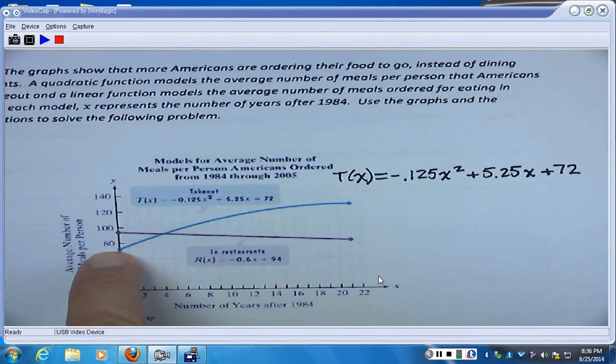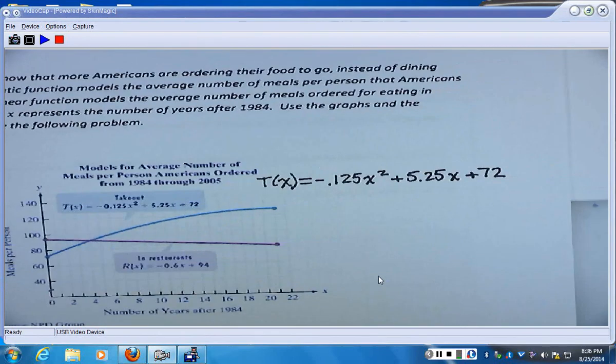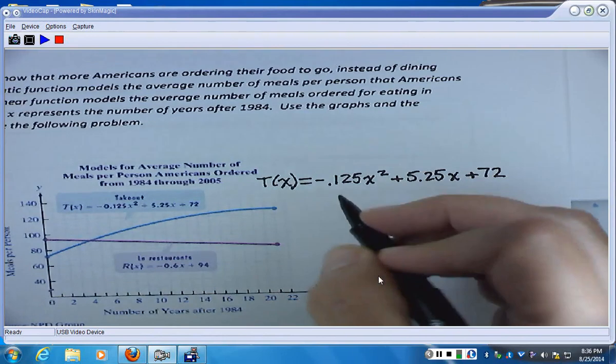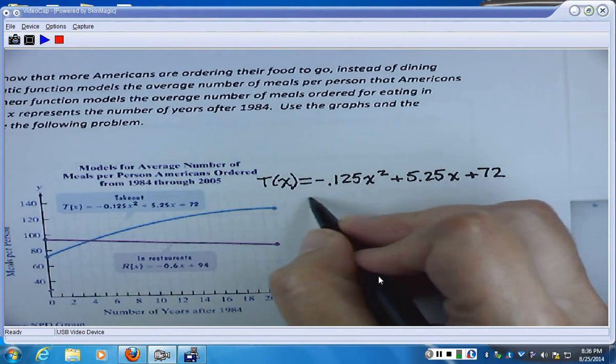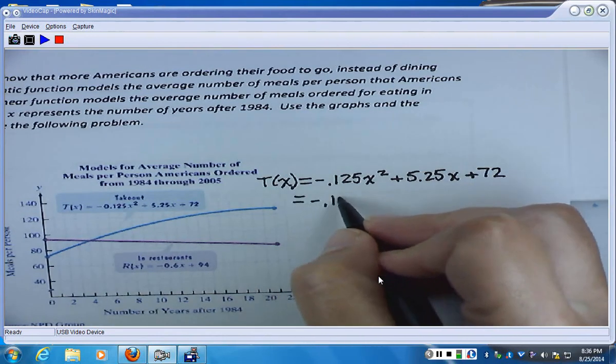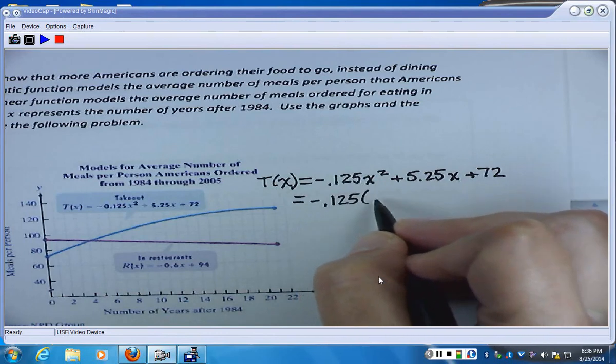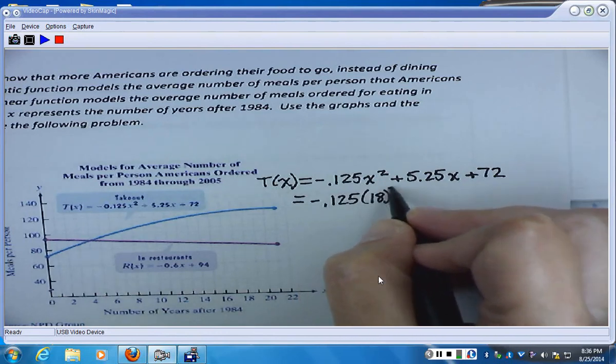It crosses at 72. So what is t of 18? This is where you're going to use your calculator to find this. We don't expect you to do it by hand, but it's negative 0.125, and everywhere we have an x, we're going to put an 18.